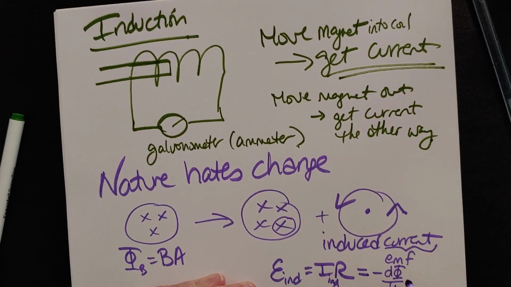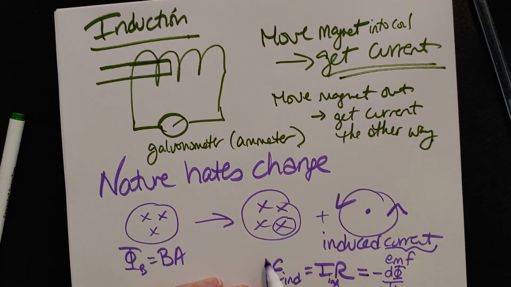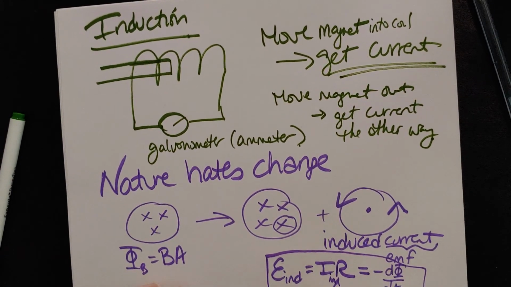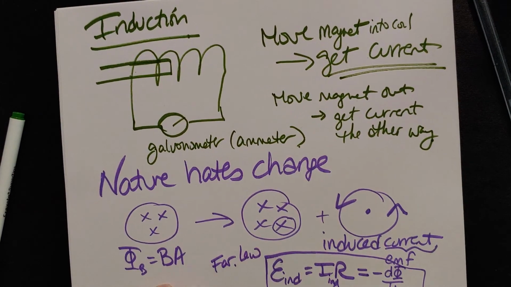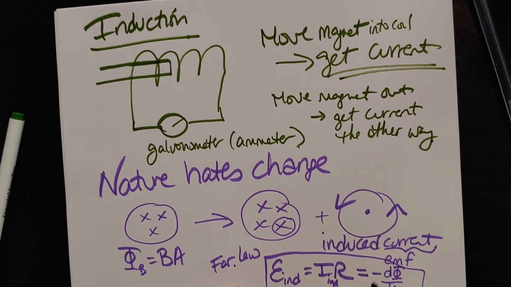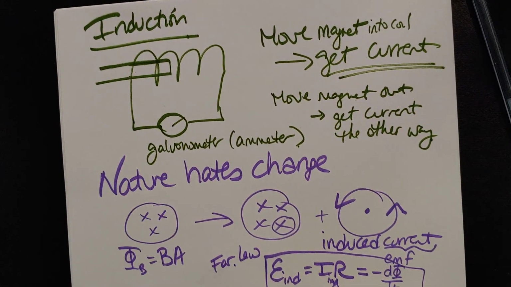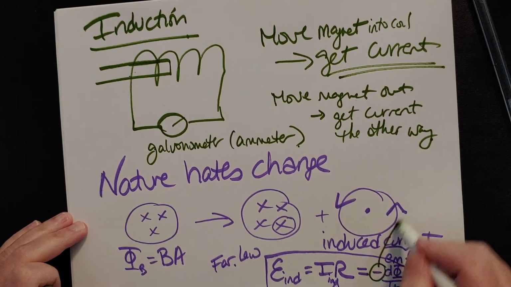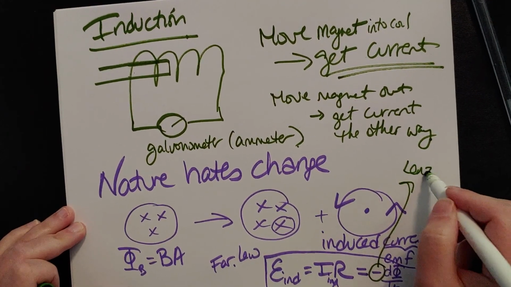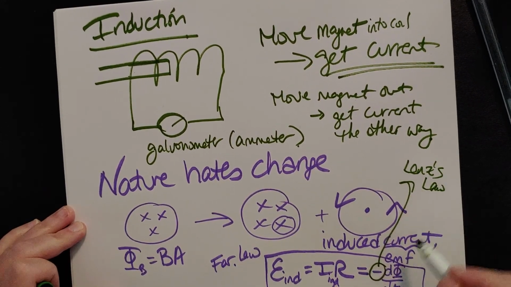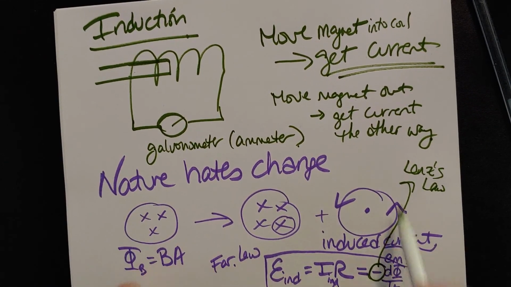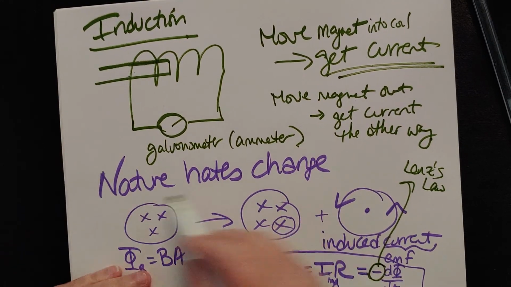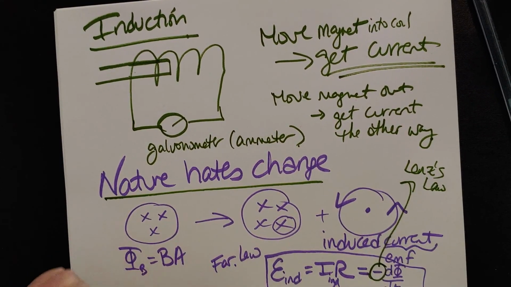So, sorry, I really messed up my spacing here. But this is Faraday's law. And what's really fun is that this negative sign is called Lenz's law, just the negative sign. And that tells you the direction of the current. It tells you that the nature hates change part is Lenz's law.